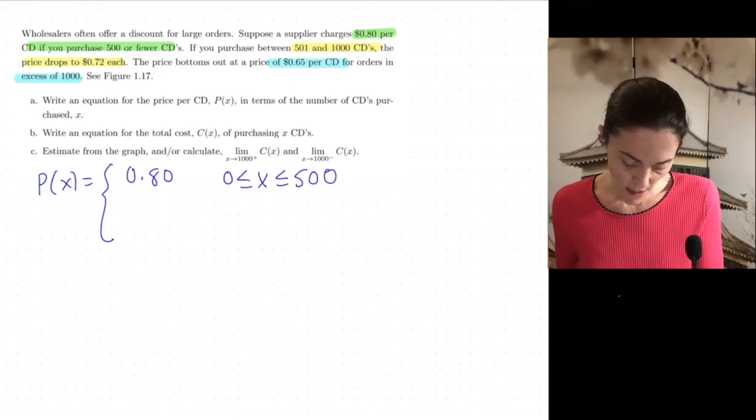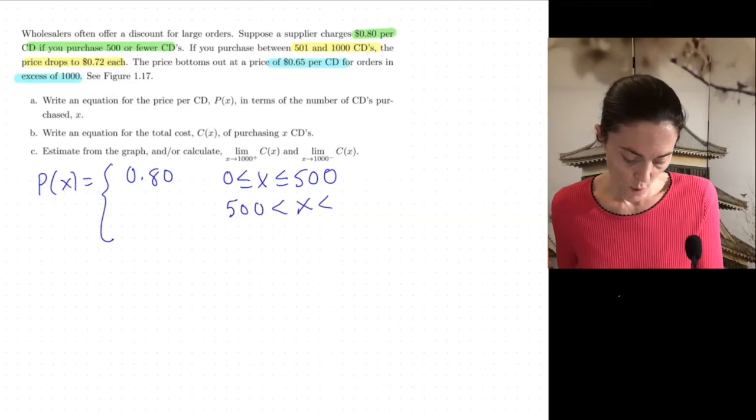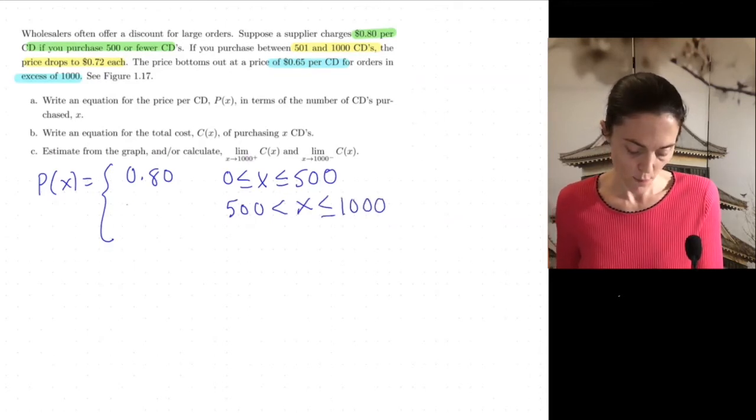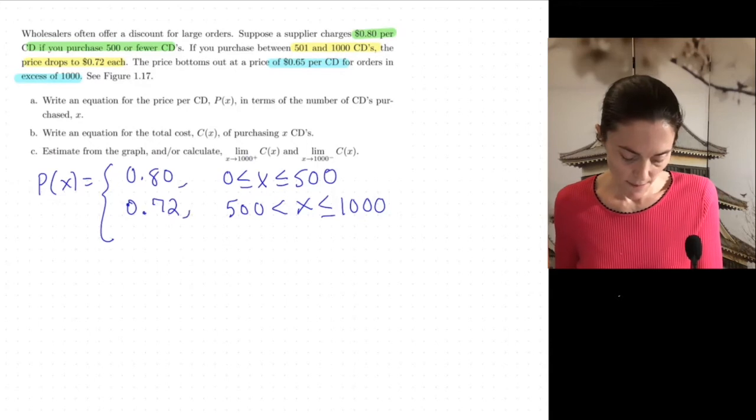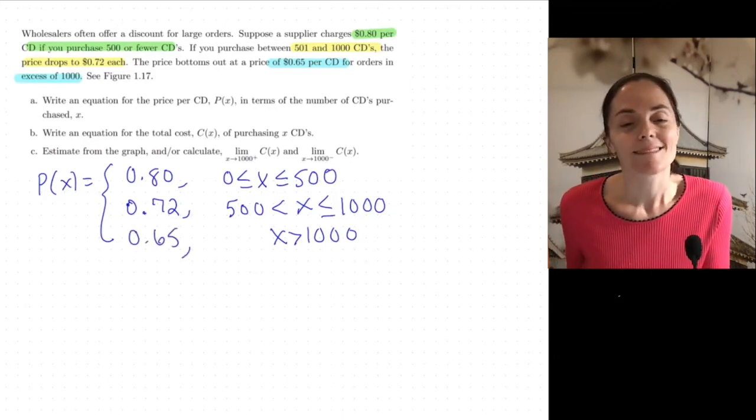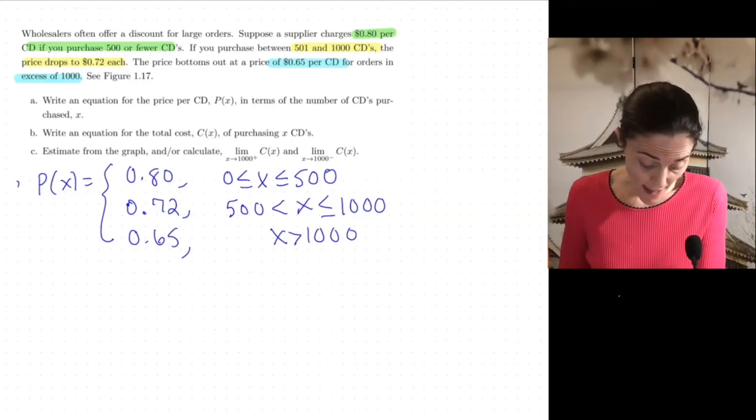And then if you are bigger than 500 and less than or equal to 1,000, the price is 0.72. And finally, if x is bigger than 1,000, the price is 0.65. Okay, this is price. This is part A.